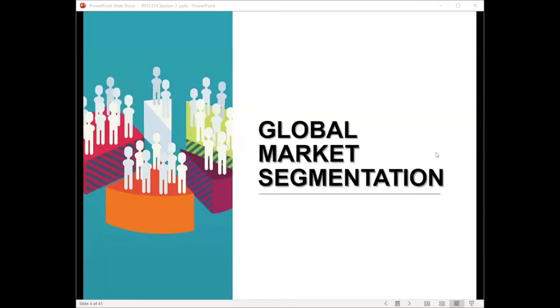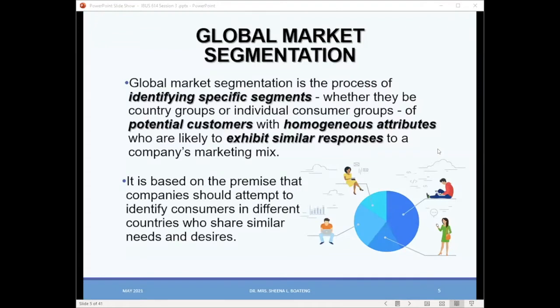We will start from a discussion on global market segmentation. Now, why global market segmentation? When we talk about global market segmentation, we are simply referring to the process of identifying specific market segments. Like I said in the beginning, we have a huge number of customers available to us, both within our domestic confines and all across the globe.